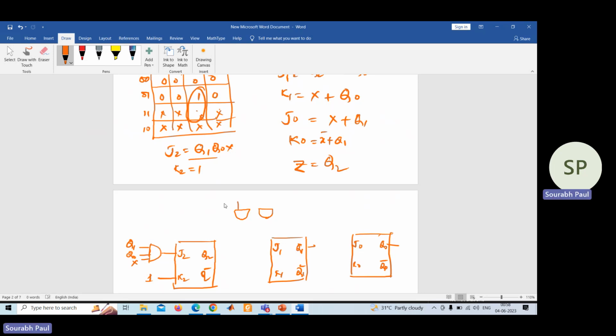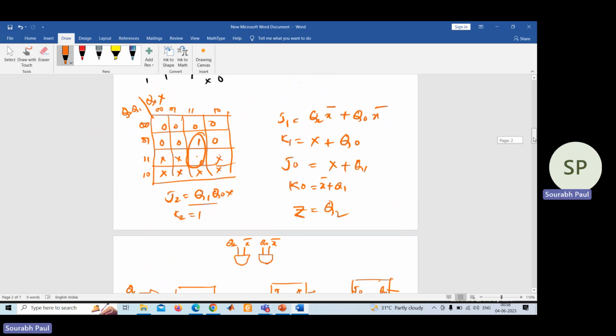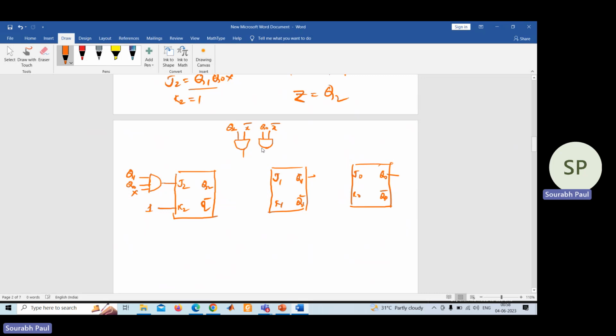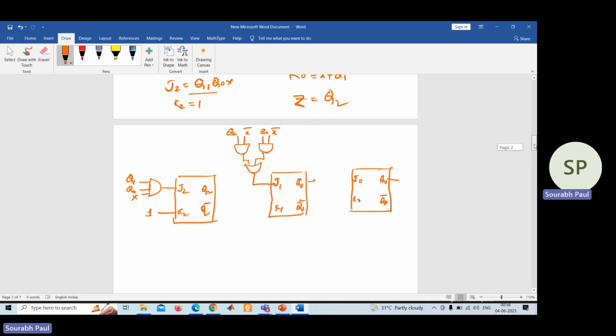The inputs are Q2 and X bar, and in the other case Q0 and X bar. These are the expressions that we got. Then we need to use one OR gate. The output of the OR gate has to be given to the input of J1.